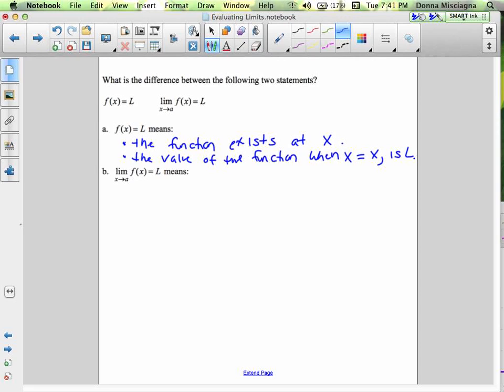So f of a equaling some value, first of all, tells us the function exists at that value, and not only that, it tells us exactly what that value is.